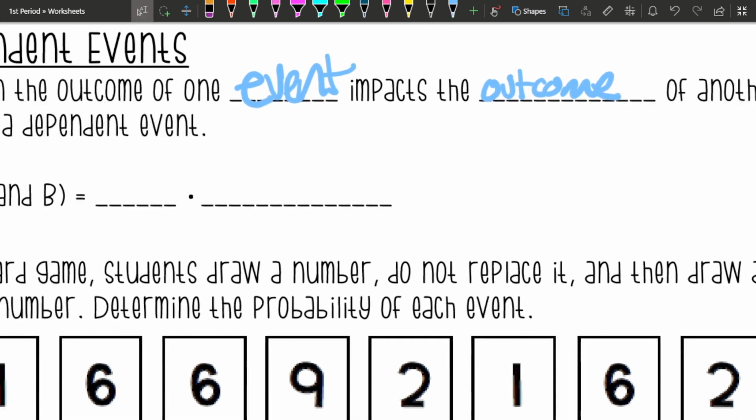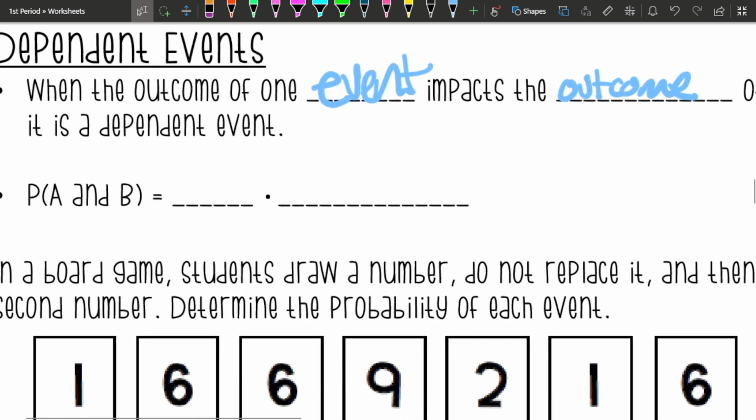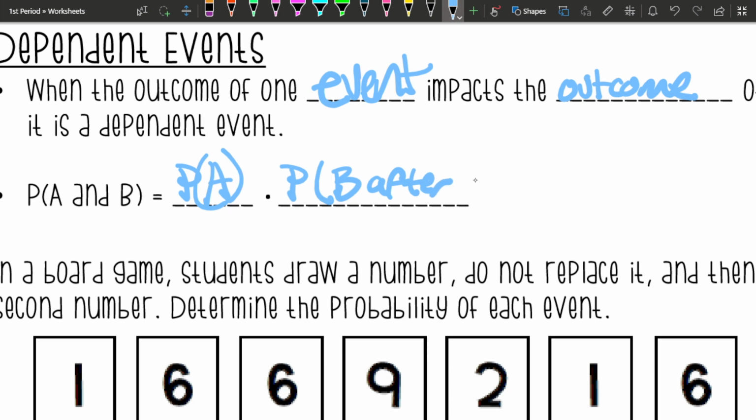So we have a formula. So the probability for these things happening, it'll be P(A) times the probability of B after A. That means do not replace.